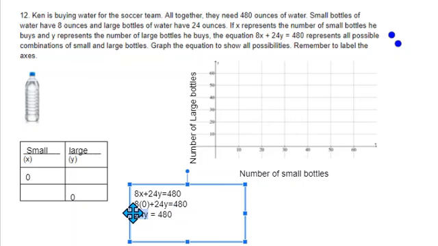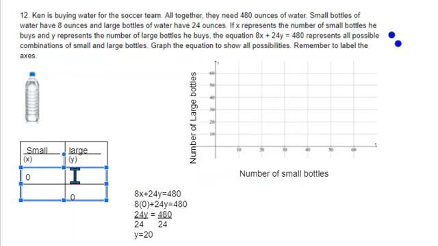So when I divide this side by 24, and I divide this side by 24, all right, so that gives me y on the left equals, and when I divide this here, I should get 20. And so that means this point here is going to be (0, 20).